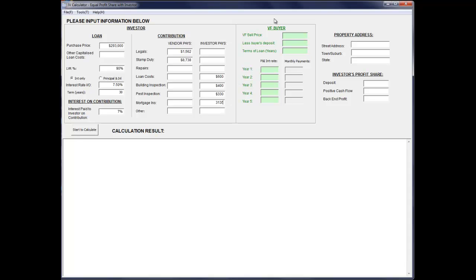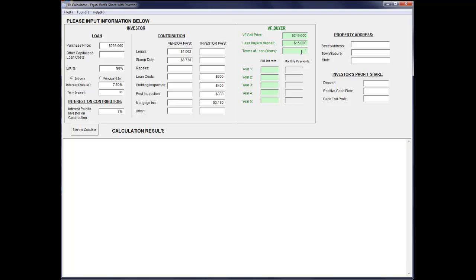Moving over to the area of how we're going to on-sell the property, we on-sold it for $343,000. We got a $15,000 deposit.